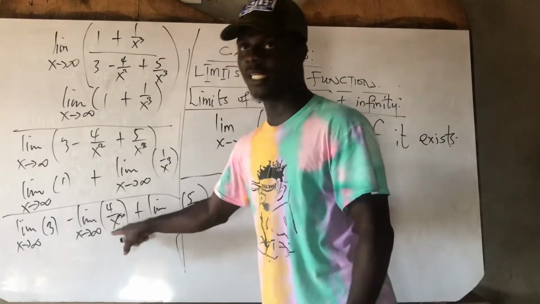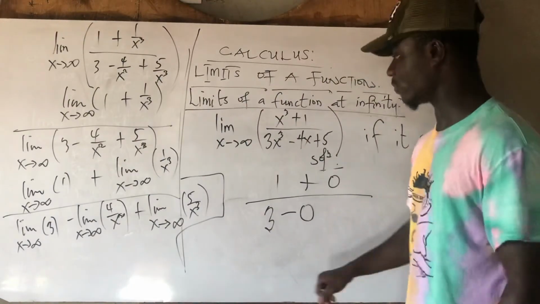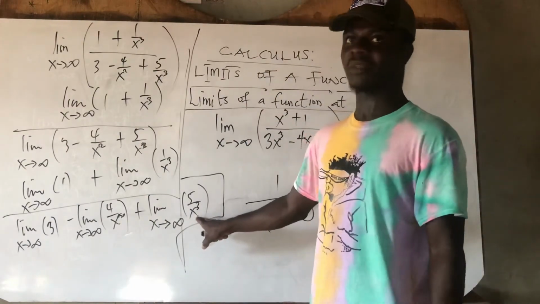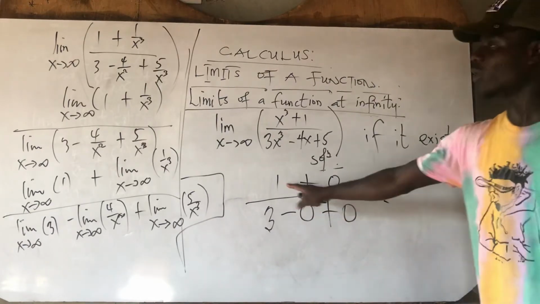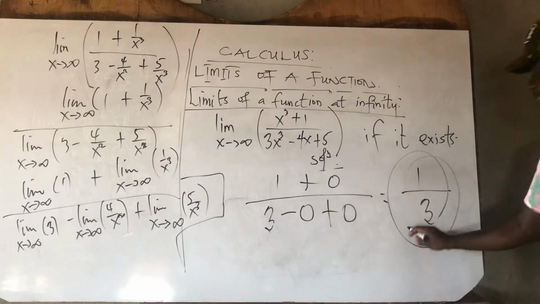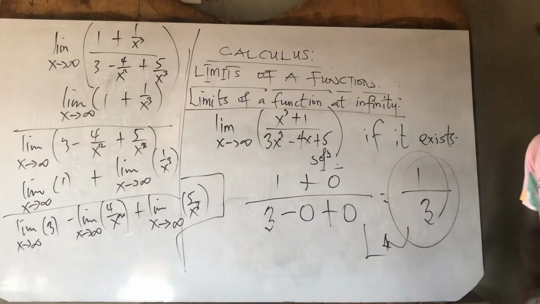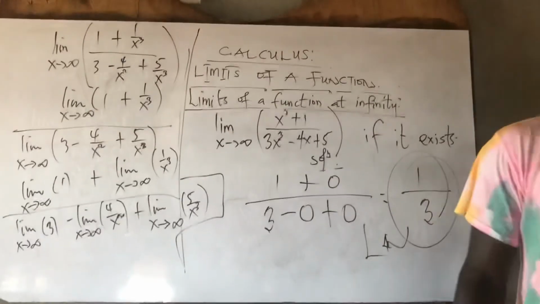The denominator is an exponential, so this function tends towards 0, and this one the same. So plus 0. So we have 1 plus 0, which is 1, all over 3 minus 0 plus 0, which is 3. So this is the limiting value, which is L. That's the limiting value, 1 over 3.